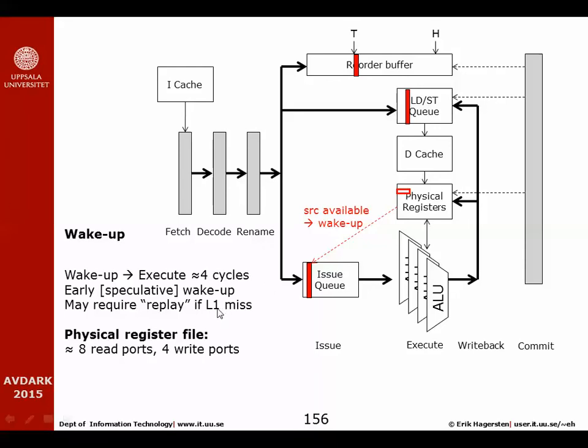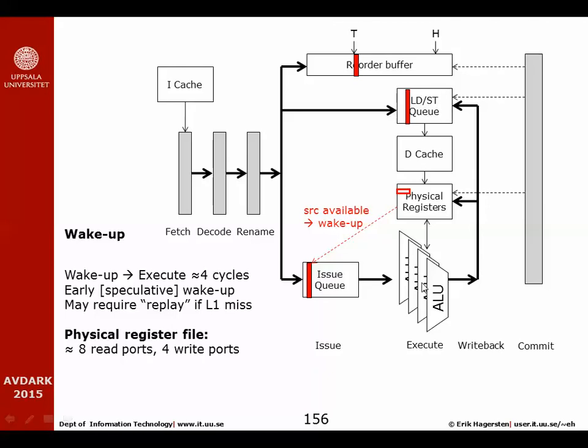However, if it's an L1 cache miss, or if there is a bank conflict or something going on, that means that when the dependent instruction comes to the ALU, the value it depends on is not available yet. What we'll do then, typically, is, well, a couple of solutions. One is to stall the ALU until the value becomes available, but that could take a long time. You can tie up the ALU for a long time.